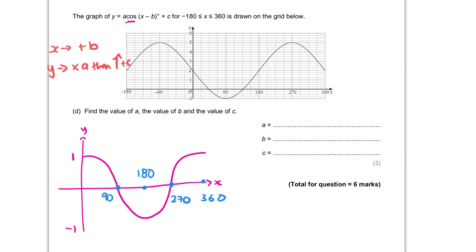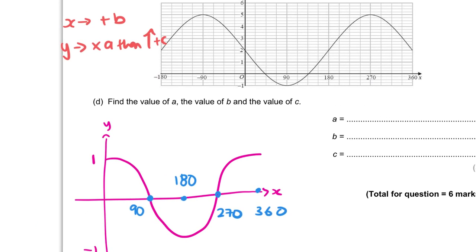So first of all, what do we notice? If we have a look, it's always good to pick out the key points. So we can see here we have a minimum. What is this minimum point? It's 180, minus 1. Now the minimum point's here.